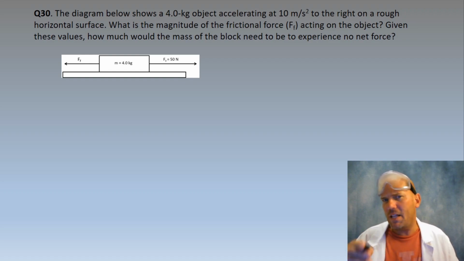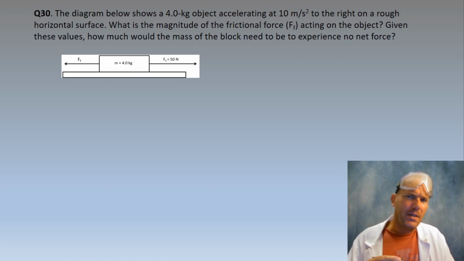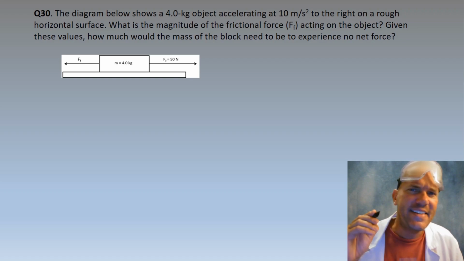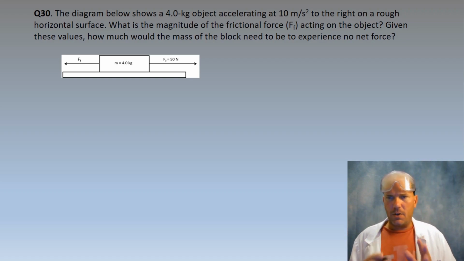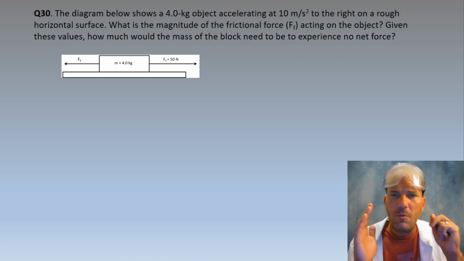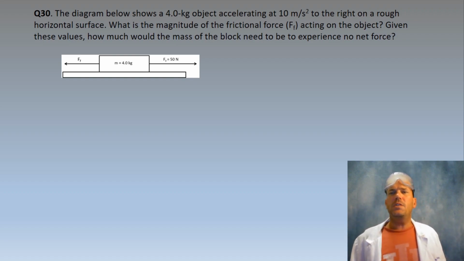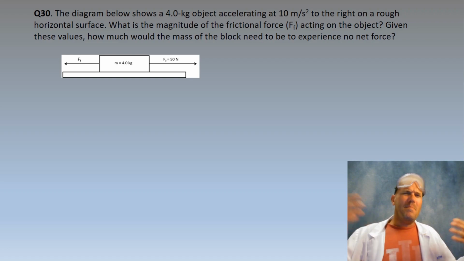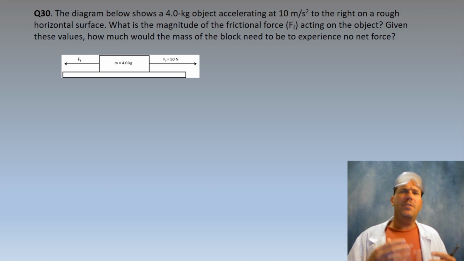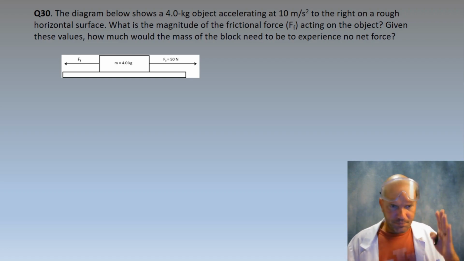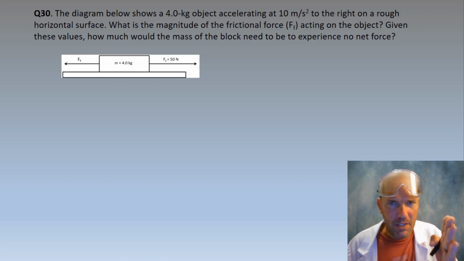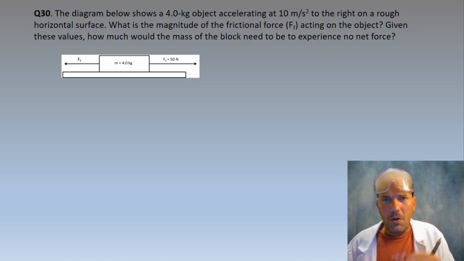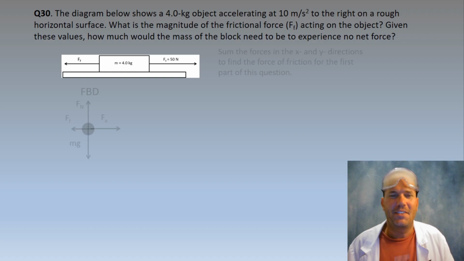What mass of a block would it have to be for there to be no net external force? So, two parts to this problem. Part A, what is the magnitude of the frictional force? Part B, how much mass would this block need to have a 0 net force? Which means it would either be at rest or at a constant velocity.